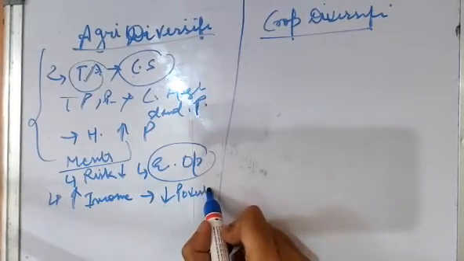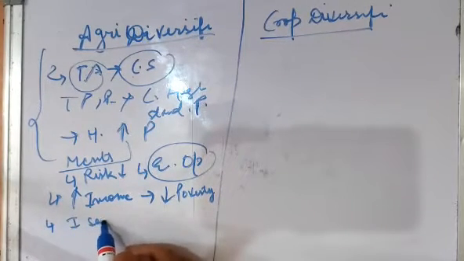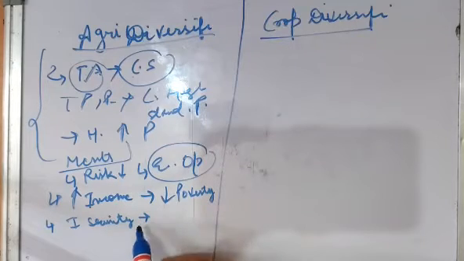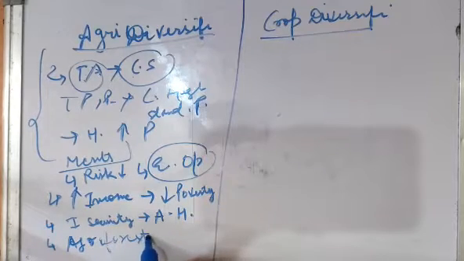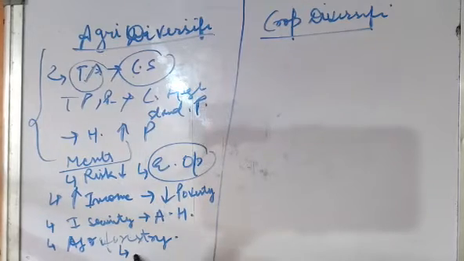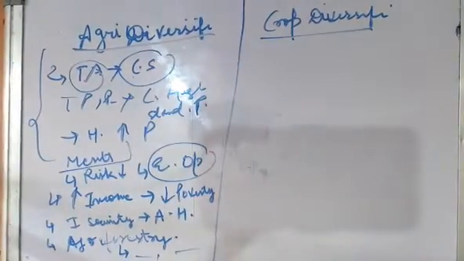Poverty is lessened in these regions with commercial agriculture due to agriculture diversification. Income security, as it uses animal husbandry, livestock is a major part of it. Agroforestry, as it also helps in environmental protection, soil conservation, etc. So this is what agriculture diversification is.